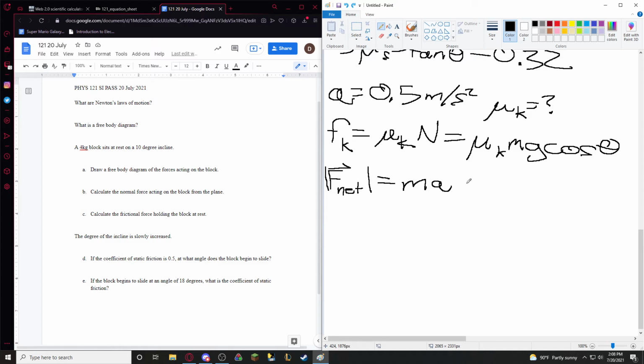So, how do we then get our coefficient of friction? We have our total net force. How do we get the coefficient of friction? Well, it would have to be like ma minus the force of friction, right? Well, our force of friction is included in this net force here.